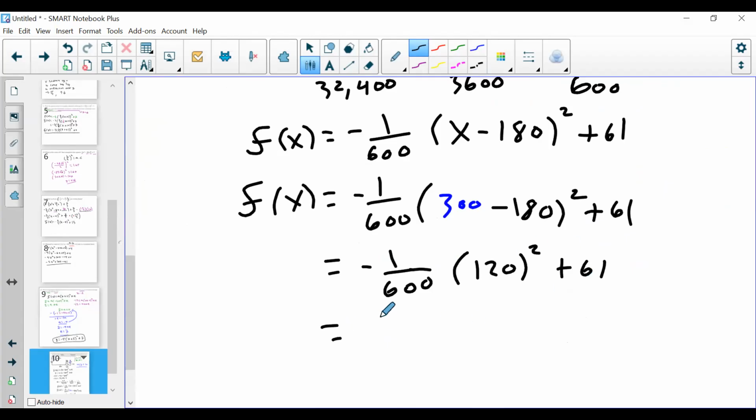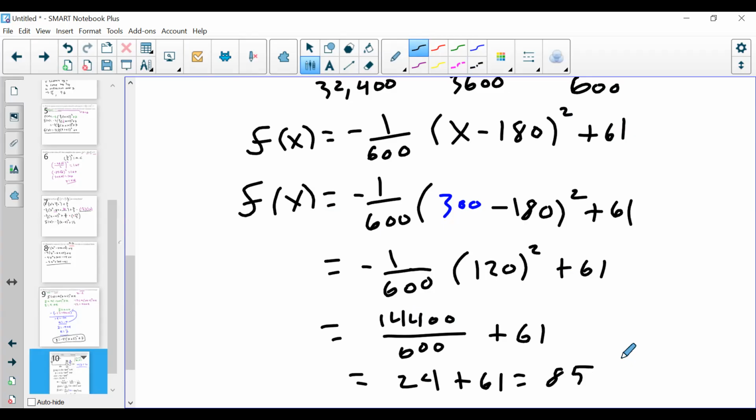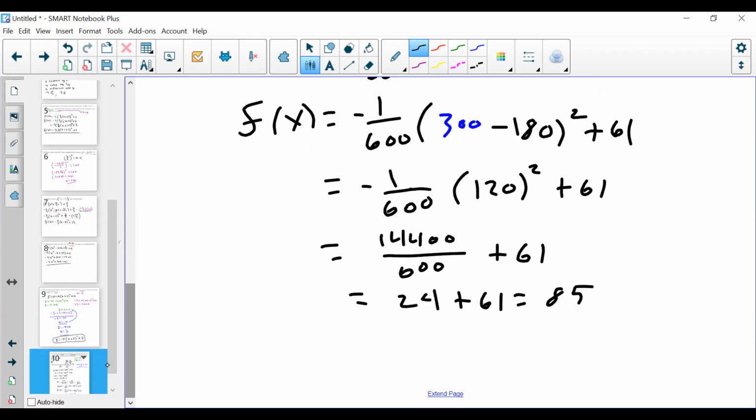That's 14,400 over 600 plus 61. You just plug that in. So you have 14,400 divided by 600. That's 24. Plus 61 gives you 85. So the arrow is going to be at a height of 85 at the target.